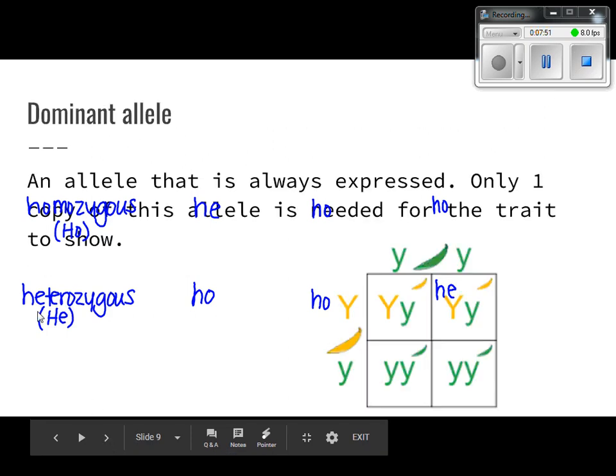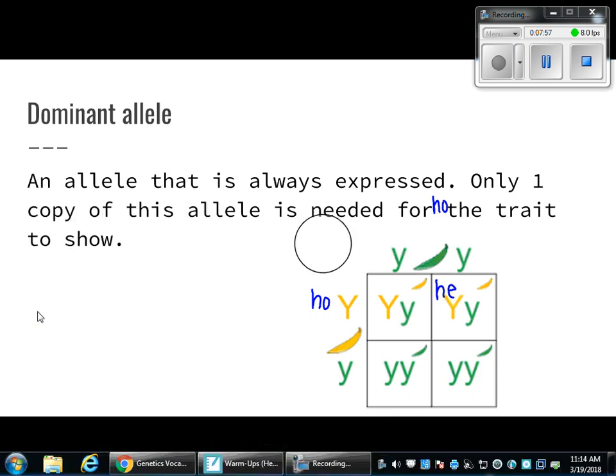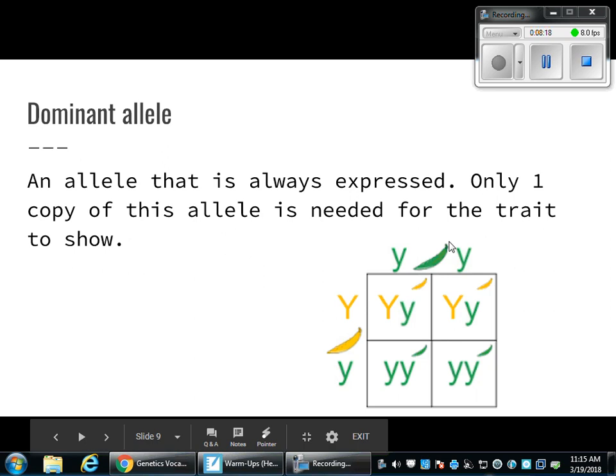Now, you might be trying to figure out, well, why are some of these capital and some of these small? What does that mean? That leads us into our next set of words here, the first of which is dominant. Okay. So dominant is referring to a type of allele. This is an allele that is always expressed. So only one copy of this allele is needed for the trait to show. So, for example here, I've got yellow and I've got green when I'm looking at pea pods.